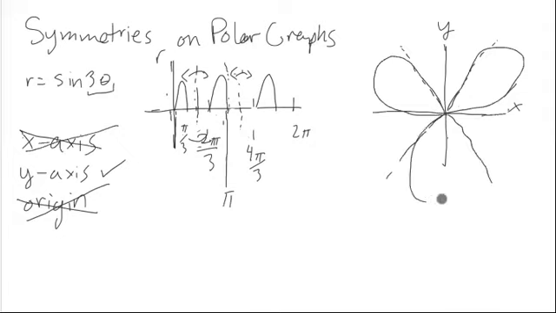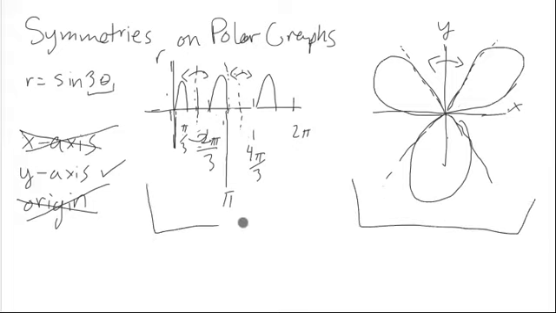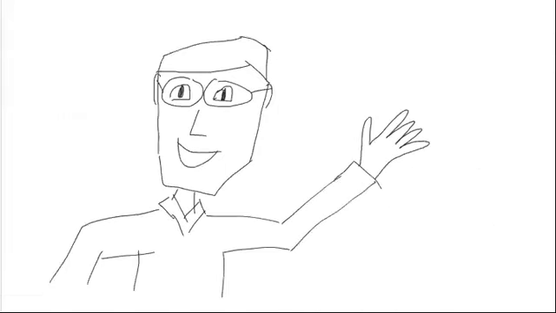And notice we do have symmetry about the y-axis. That was accurate. We don't have symmetry about the x-axis, and we don't have symmetry about the origin. So we actually saw all the symmetries on this graph before we even graphed it. We saw the symmetries in the corrected graph, after we removed the negative petals to be positive. Thanks for watching.